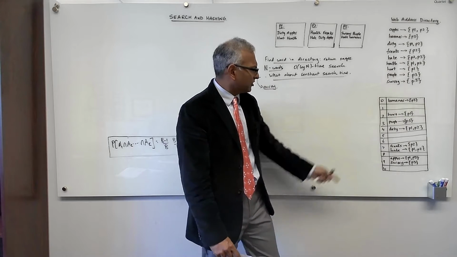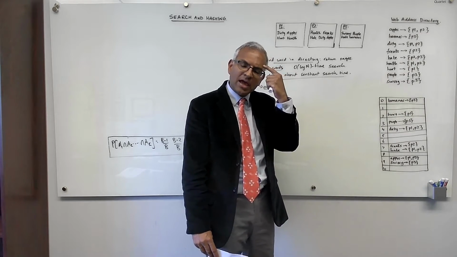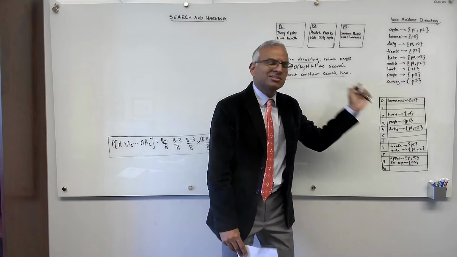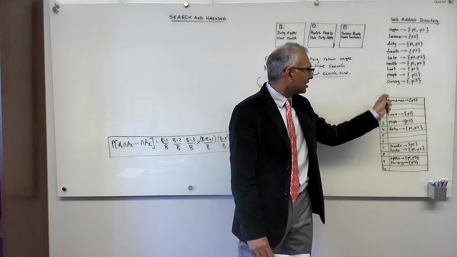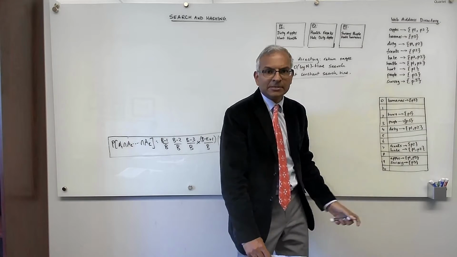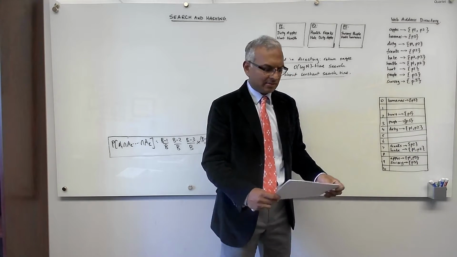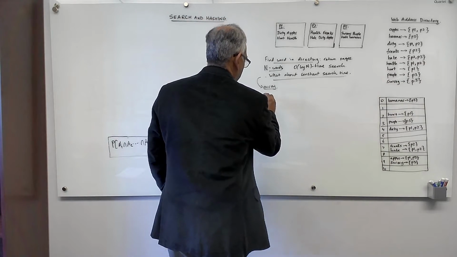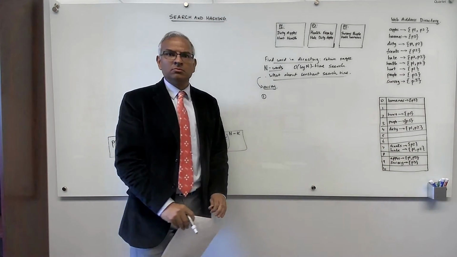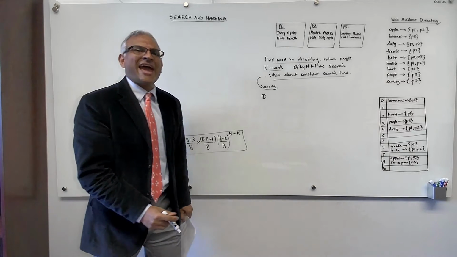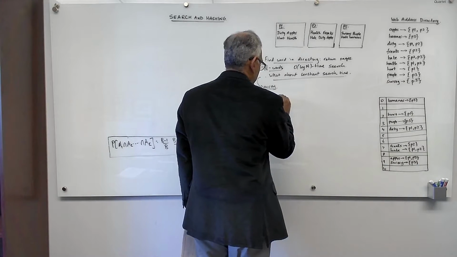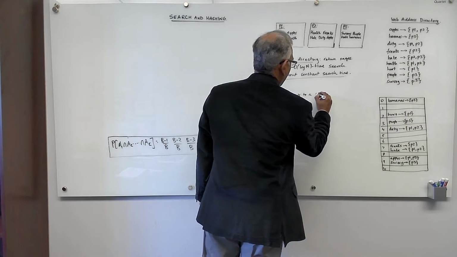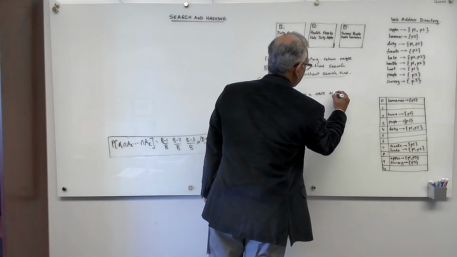But you need to first create your table, and you need a way of remembering and being able to instantly go to the table row that contains a particular word. Here's how hashing does it. Step 1: you hash the words to a hash table.